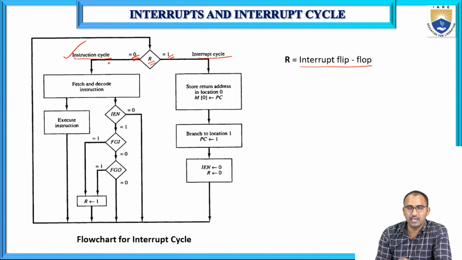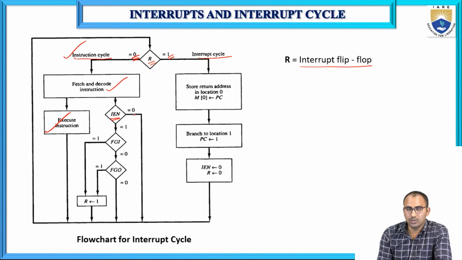So what is the instruction cycle? The instruction cycle has different phases. First is the fetch phase: the instruction is first fetched from the memory, then decoded, and then executed. That is the instruction cycle. Suppose during execution any interrupt occurs. IEN is the interrupt enable.